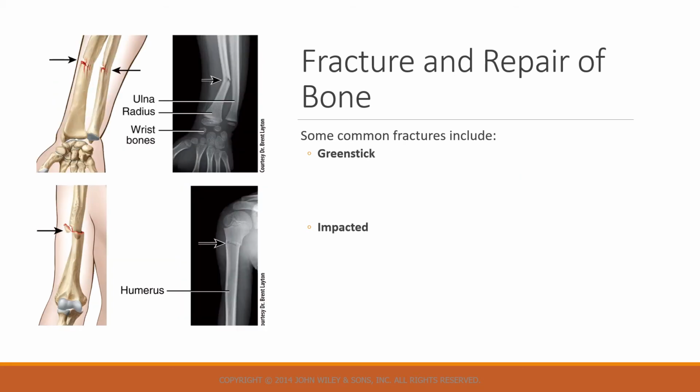A greenstick fracture is a partial fracture in which one side of the bone is broken and the other side bends. This is similar to the way a green twig breaks on one side while the other side stays whole, but it bends. Usually this occurs only in children whose bones are not fully ossified, and they contain more organic material than inorganic material.